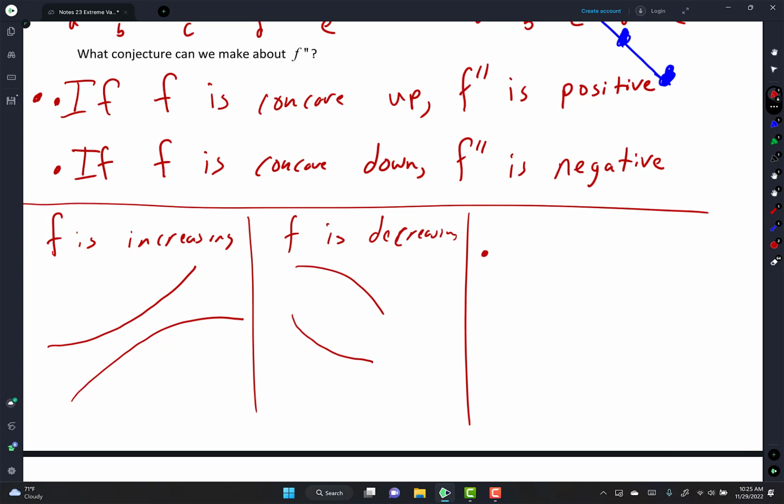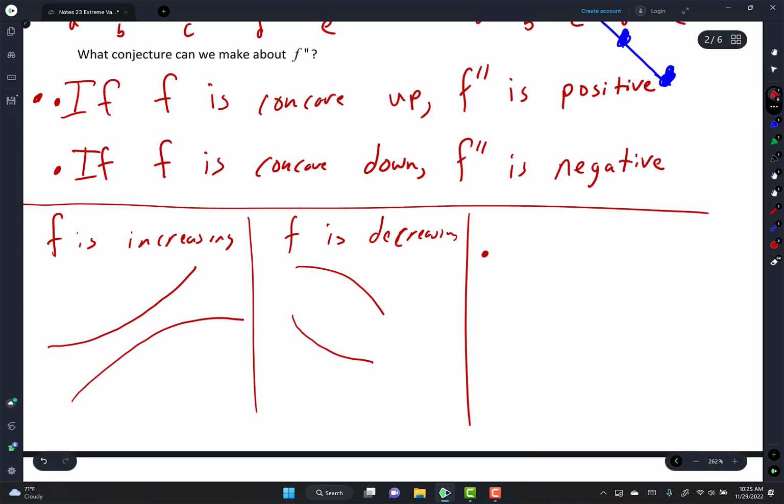If, what do I write first? Okay. F prime, okay, say it again. I put f is decreasing. And these are decreasing graphs, right? You change the one so that it looks like how the other one is. It's the same thing. All right. Here we go.